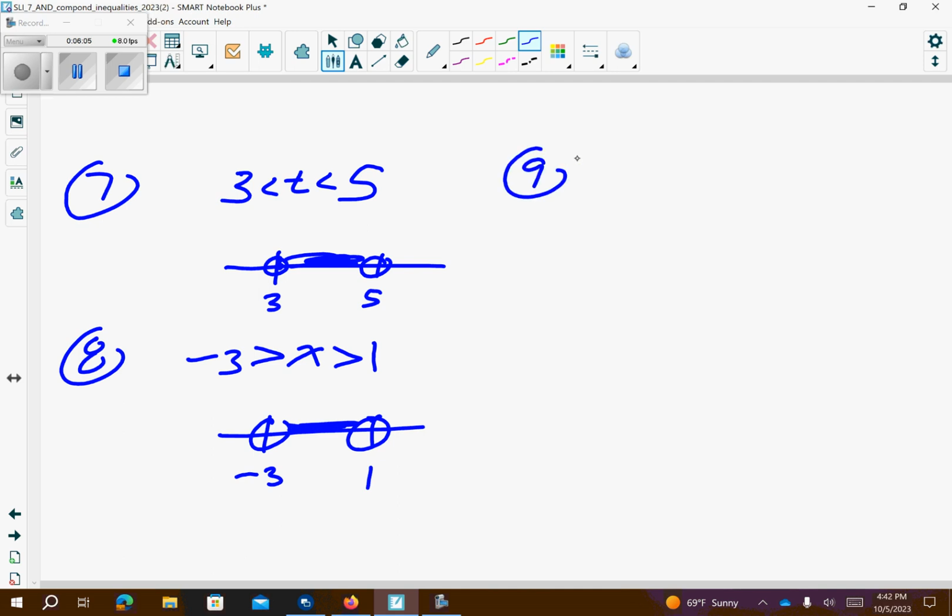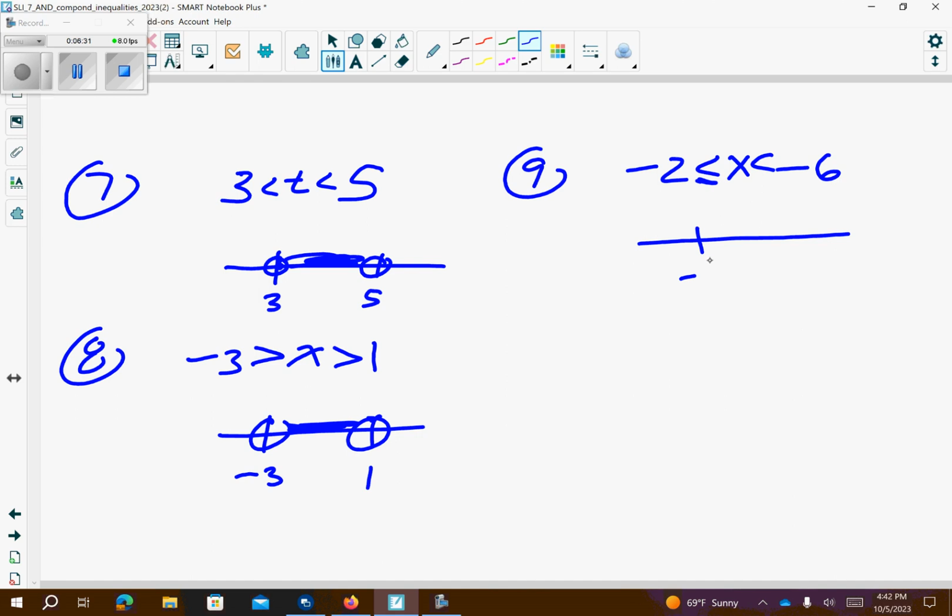Number 9, a number is at least -2, or less than -6. So less than means this is going to go left. This one also goes left. We make our number line. Oops, I take it back. Is less than -6 and at least, so it has to be that.